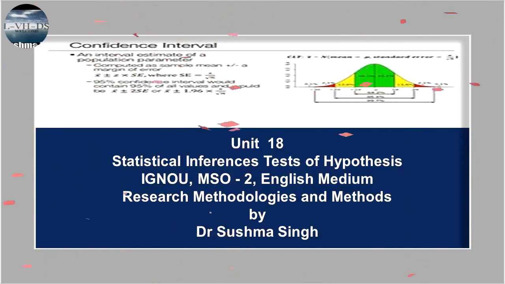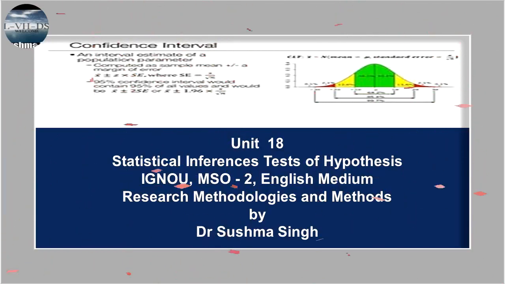Now let us move to the next point, decide an appropriate significance level. The next step in testing hypothesis is to set up a suitable significance level to test the validity of H0 as against HA. The confidence with which a null hypothesis is adopted or rejected depends on the adopted significance level.